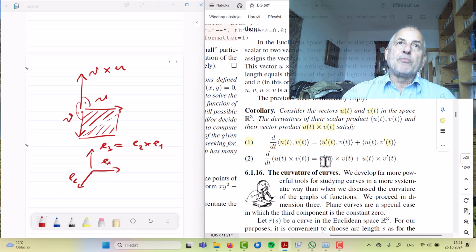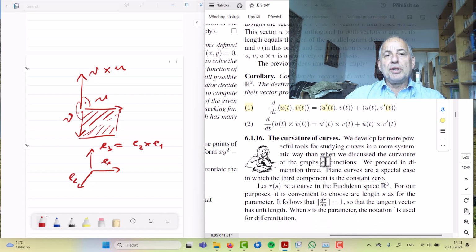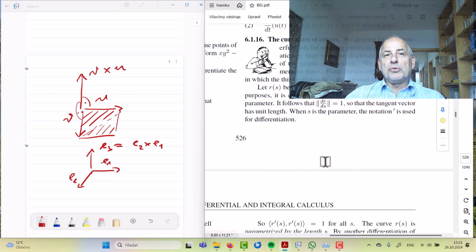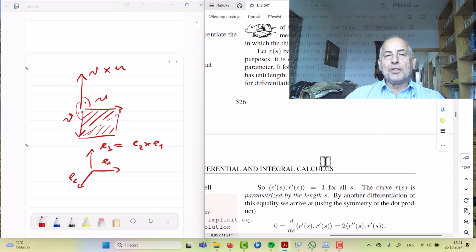And now, having this very little stuff told from the vector calculus, we can use it to tell what the curvature of the curve would be, right?